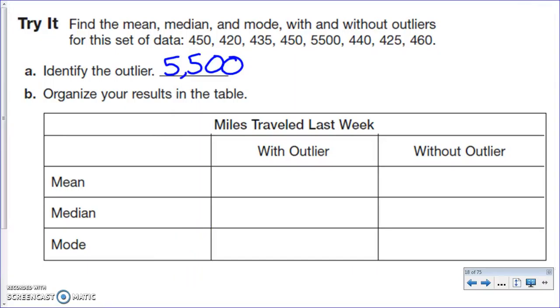Next, we need to add up all the data points, including the outlier for the first column.